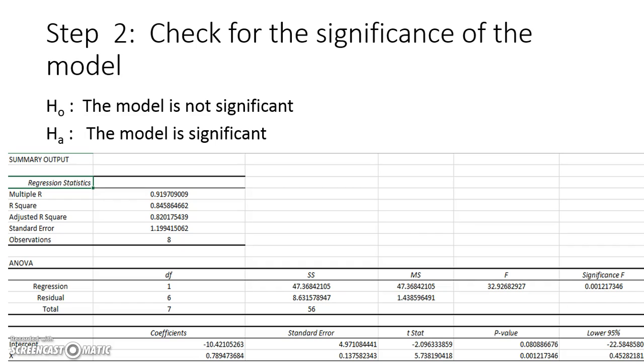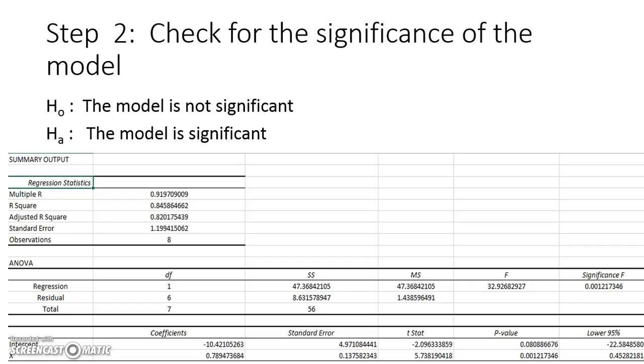So what we really want to see is how much the explanation part has an effect compared to the unexplained part. Now, if you see, there are degrees of freedom mentioned, sum of squares mentioned, mean sum of squares mentioned, and the F statistic mentioned there.